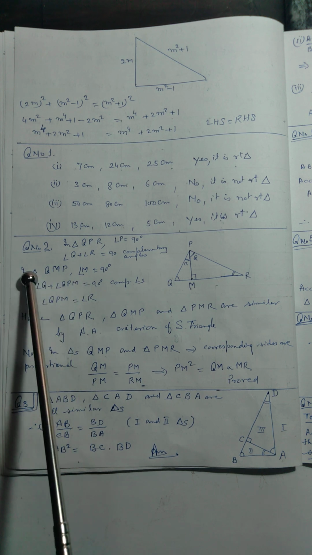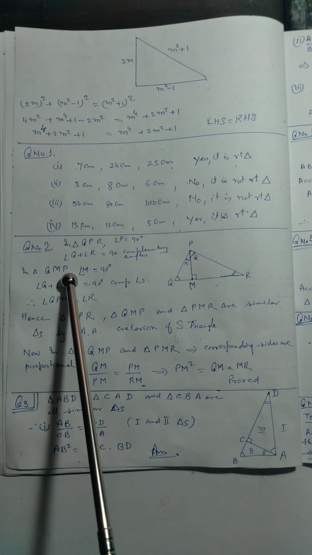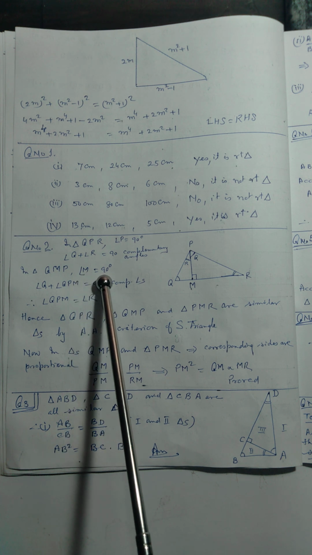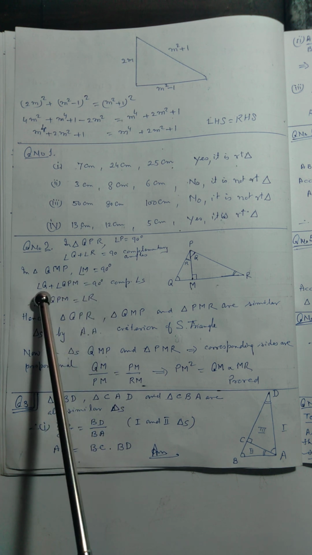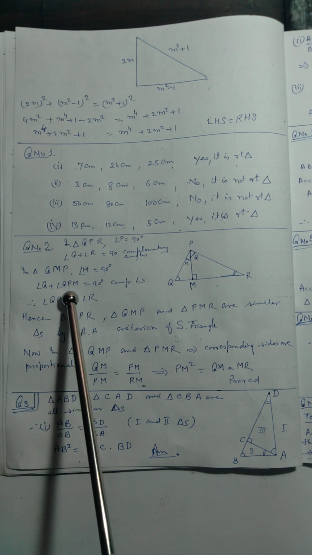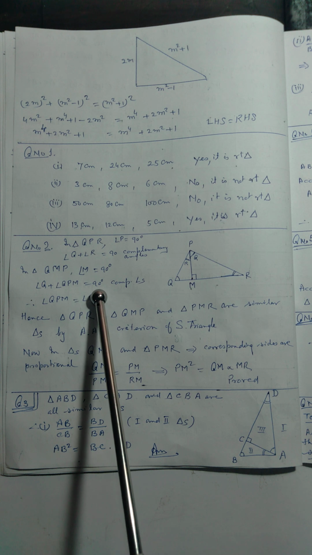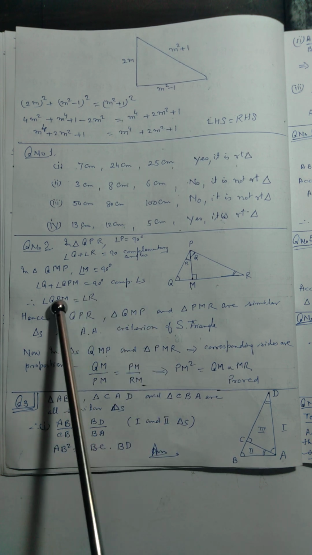they are complementary angles. In triangle QMP, angle M is 90 degree. Therefore, angle Q plus QPM is again 90 degree, complementary angles.